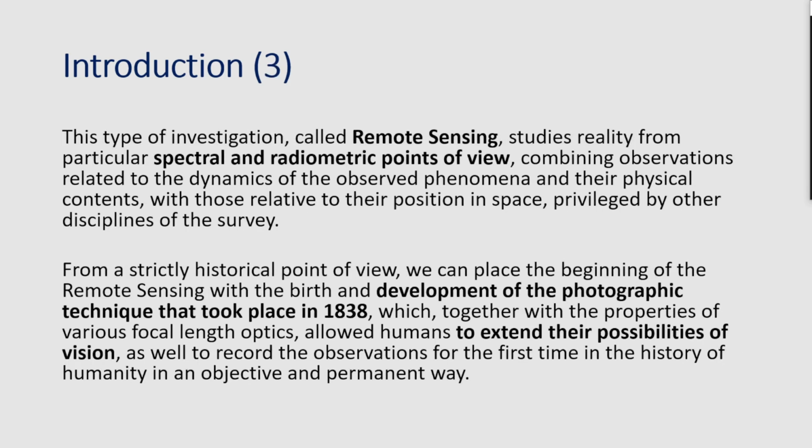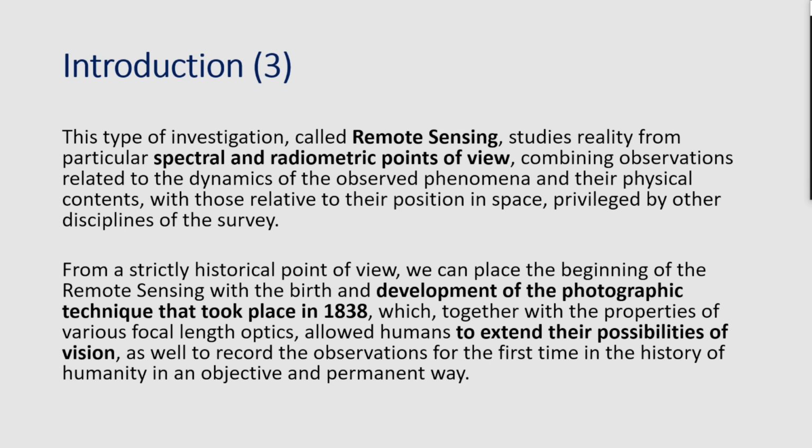Introduction 3. This type of investigation, called remote sensing, studies reality from particular spectral and radiometric points of view, combining observations related to the dynamics of the observed phenomena and their physical contents with those relative to their position in space, privileged by other disciplines of the survey.